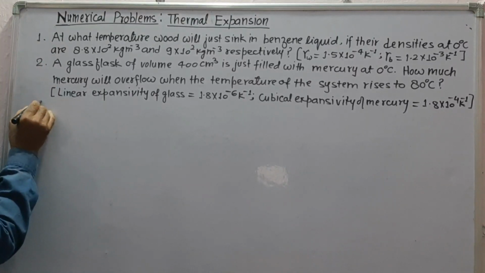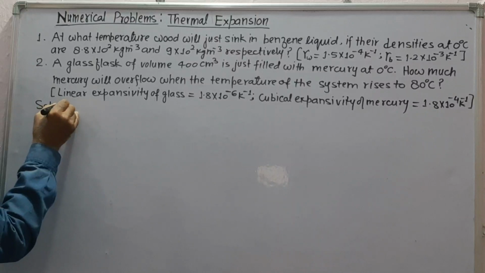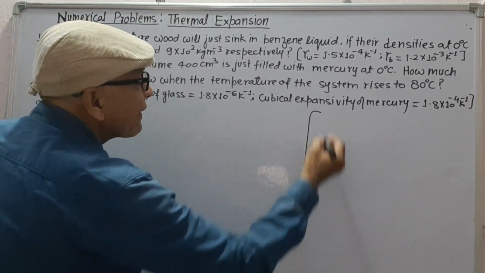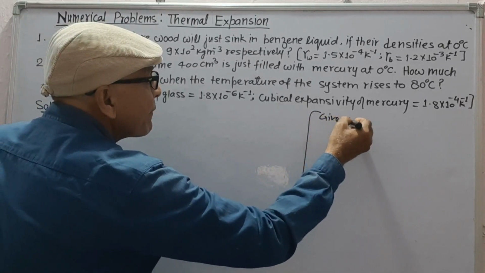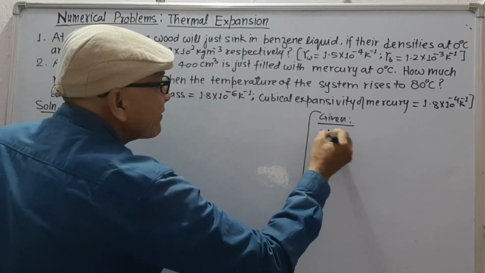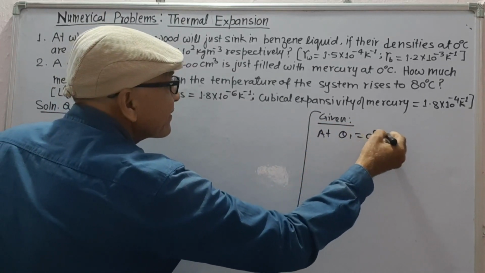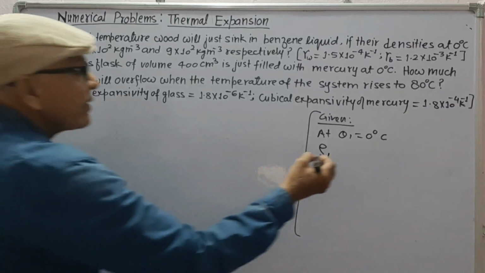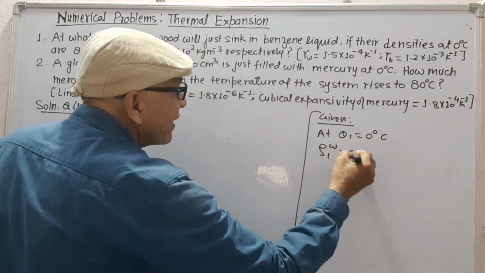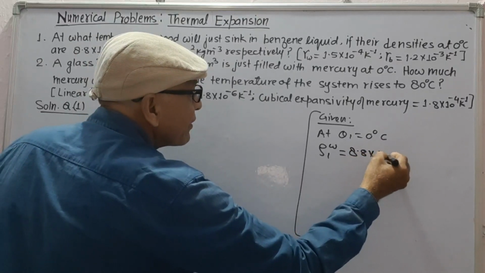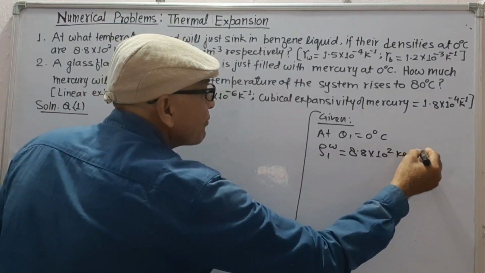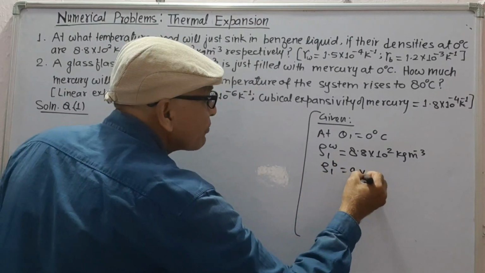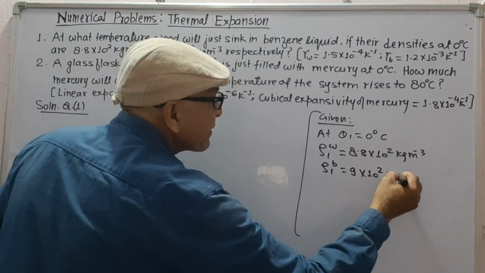Now, solution to question first. Given, at temperature theta 1 is equal to 0 degree Celsius, ρ1, the density of wood, is 8.8 into 10 to power 2 kg per meter cube, and the density of benzene is 9 into 10 to power 2 kg per meter cube.